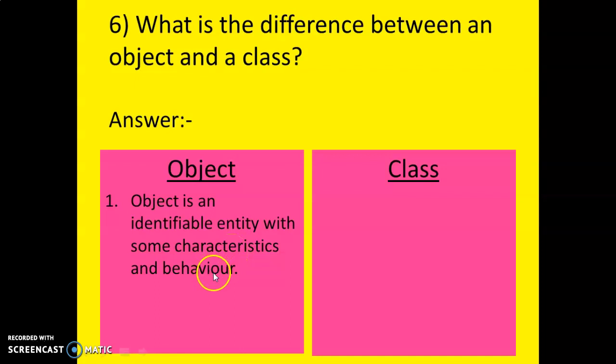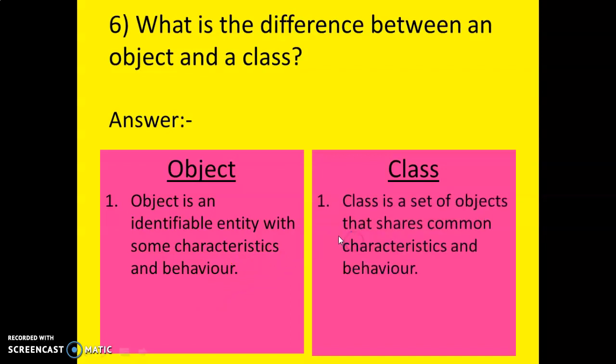And what is the behavior? Behavior means its use. If it is a study table, then we can keep our copies and books over there. So this is the behavior of a table object. So each and every object has some characteristics and behavior. Then we can call it an object.